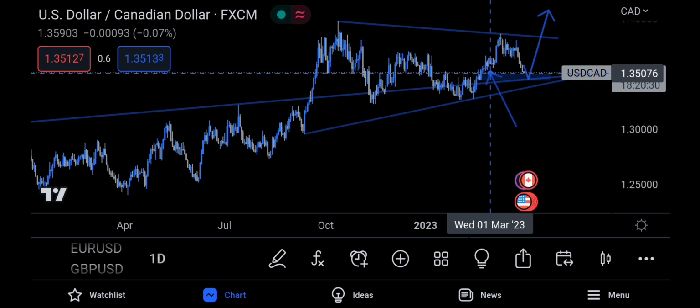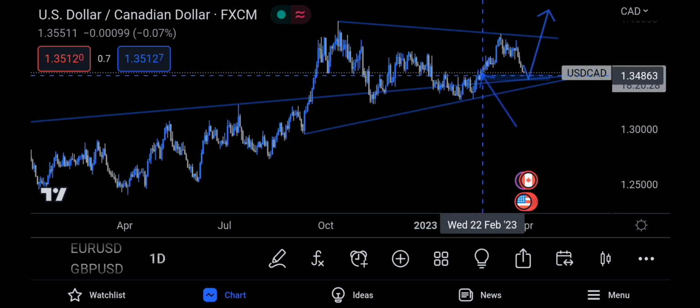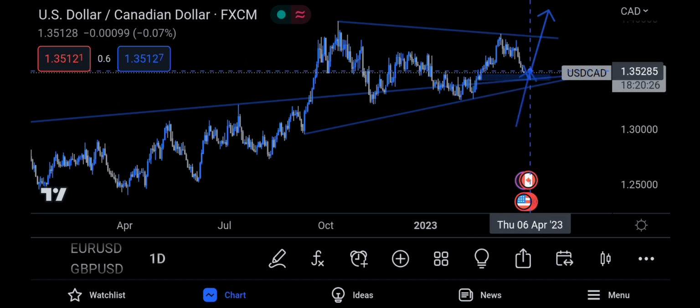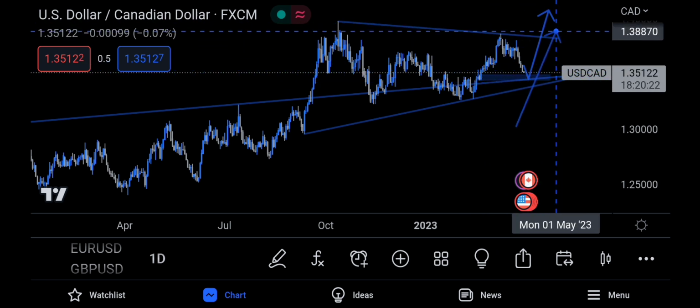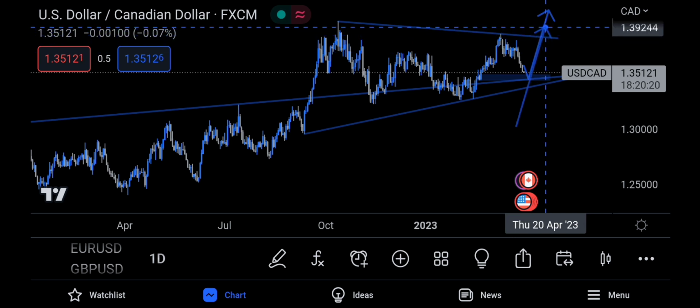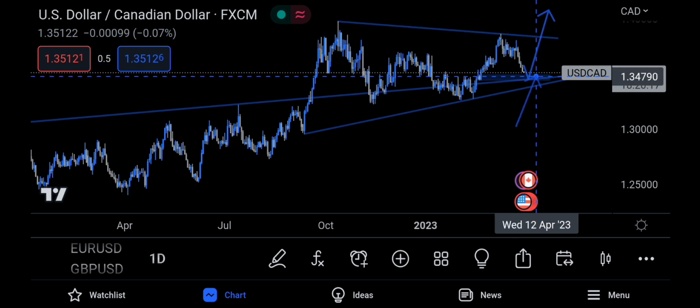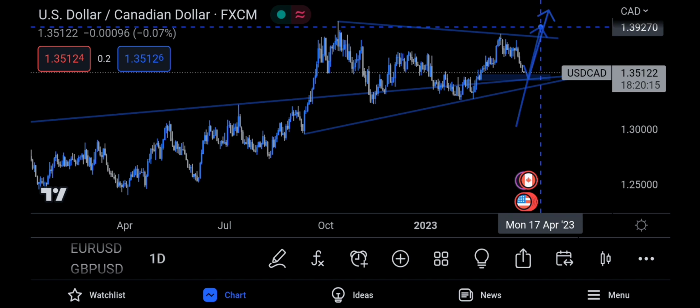So there's a strong possibility of price hitting into this zone, then continuation to the upside. That is how we will be approaching this buy opportunity in the market.